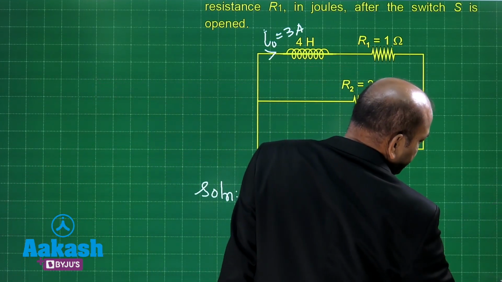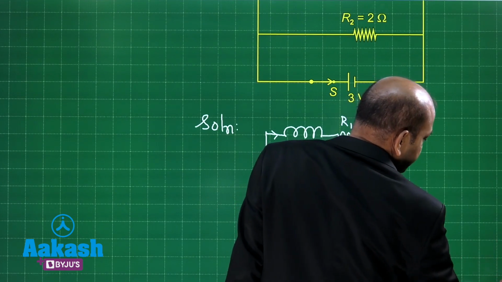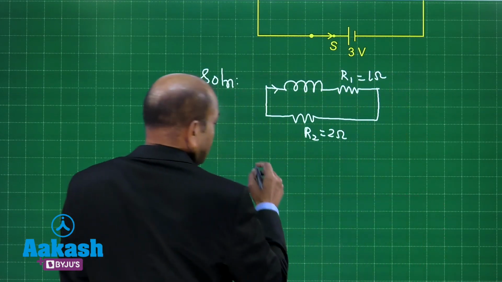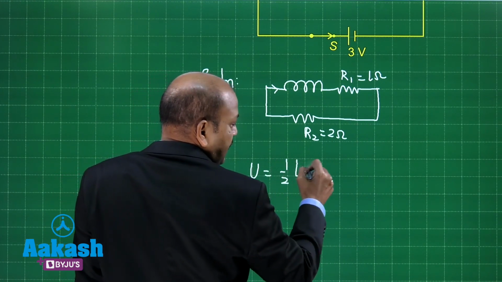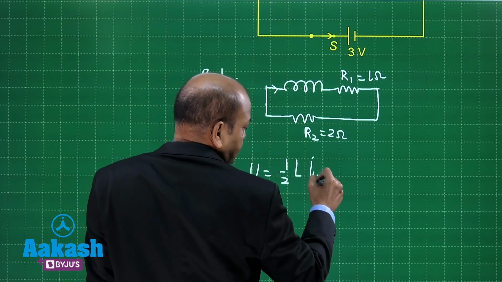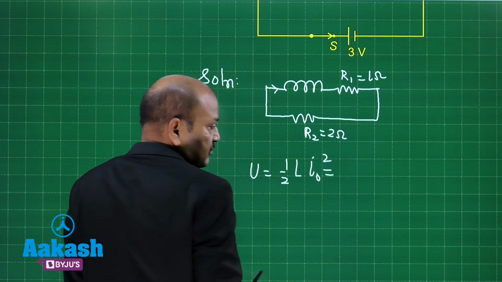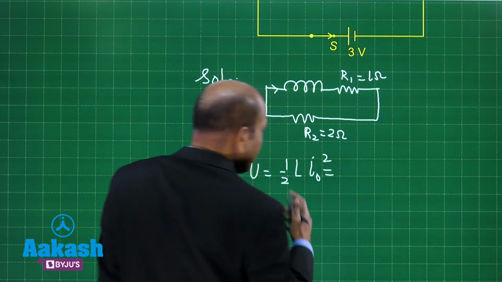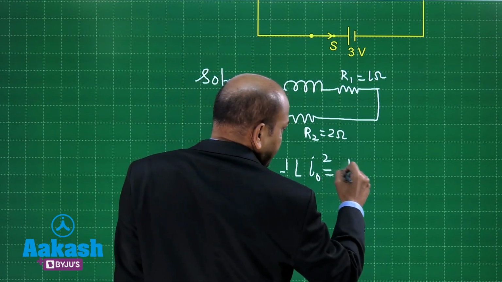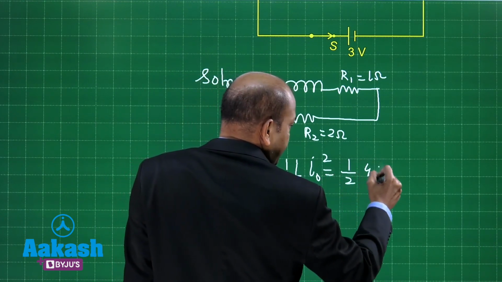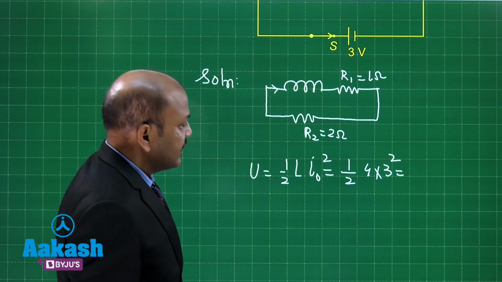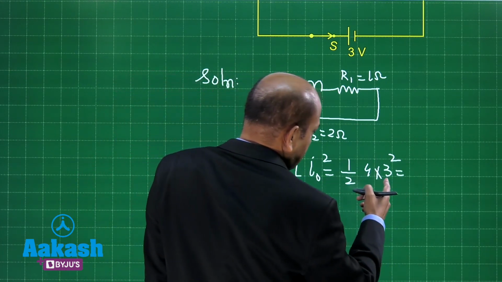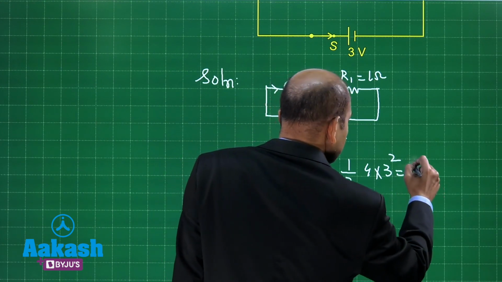But what is important for us is the magnetic energy stored in the inductor, U is equal to half L I naught square. Let us calculate its value. The value of L is 4 Henry, I naught is 3 ampere. So, this is 1 by 2 into 4 into 3 square, and that means it is 18 joule, right?